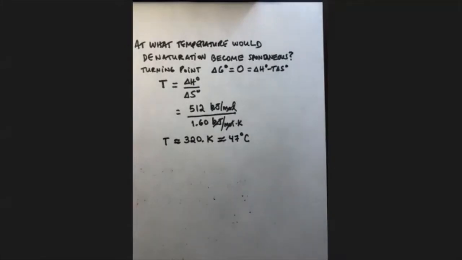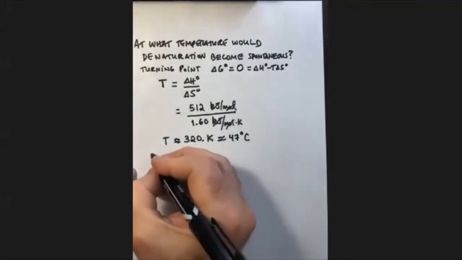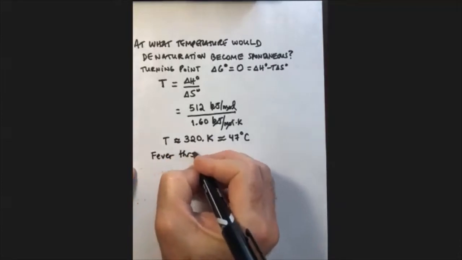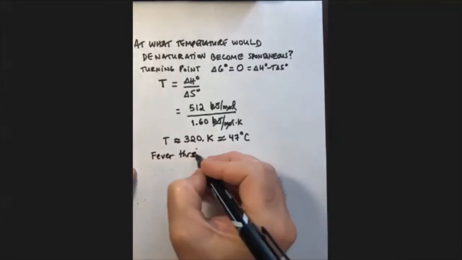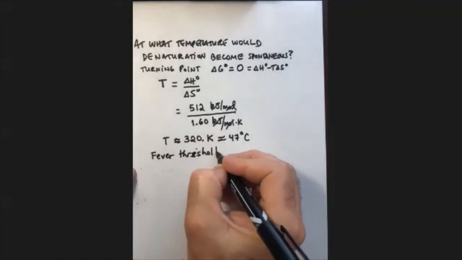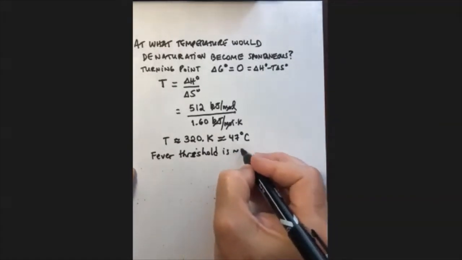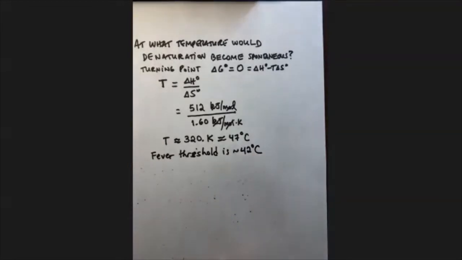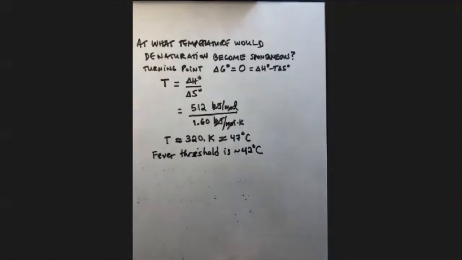Normally, my understanding has been that the fever threshold is about 42 degrees Celsius. Now, a temperature of 42 Celsius is concerning. It's high. It's, hey, we've got to take care of this right now. That's what a doctor will say.